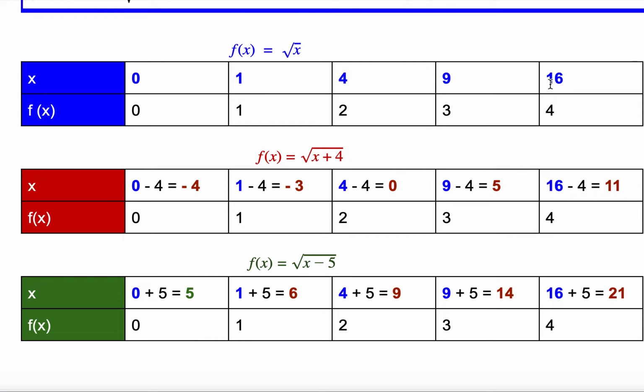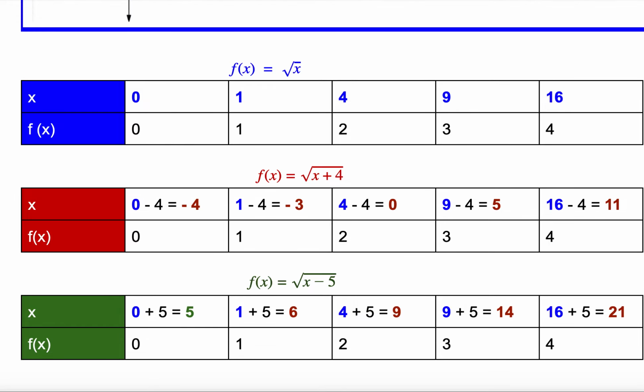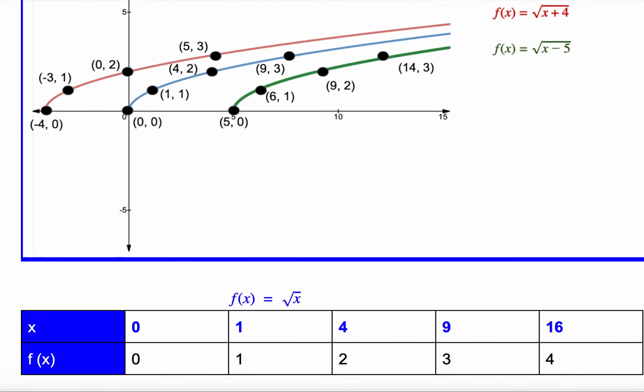And here is a 16, plus 5 units to the right is 21. The new points that lie on the graph of the function f of x equals square root of x minus 5 are (5, 0), (6, 1), (9, 2), (14, 3), and (21, 4).